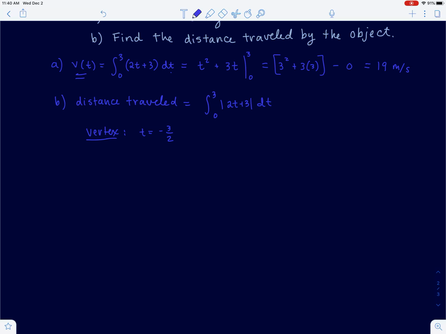So the vertex is going to happen at t equals negative 3/2. Let me think. It's not going to happen between 0 and 3, so I think we're okay. Let me do a quick graph here.